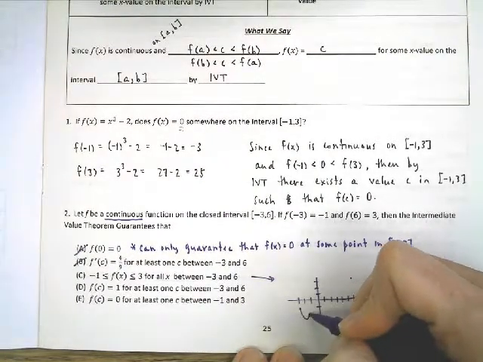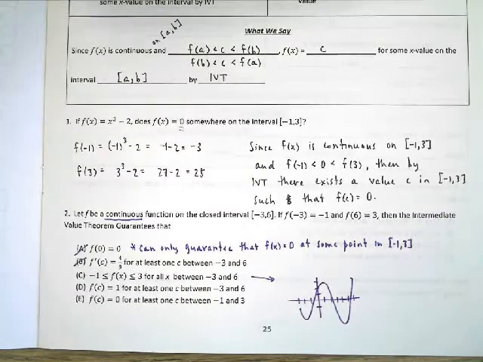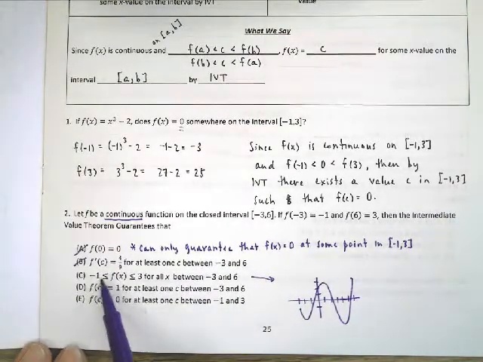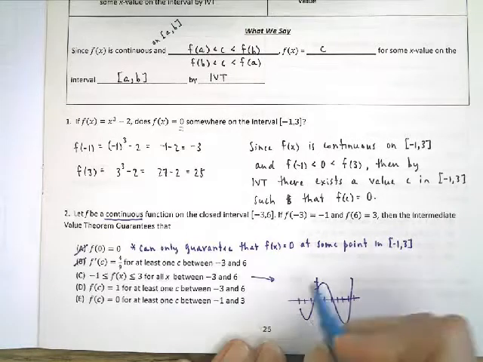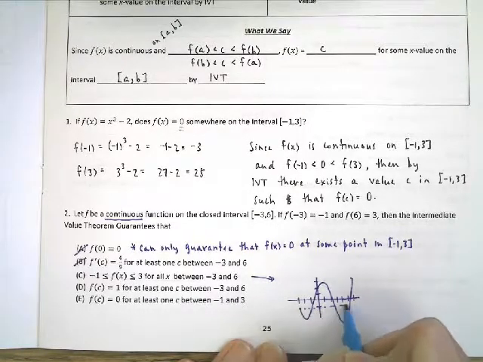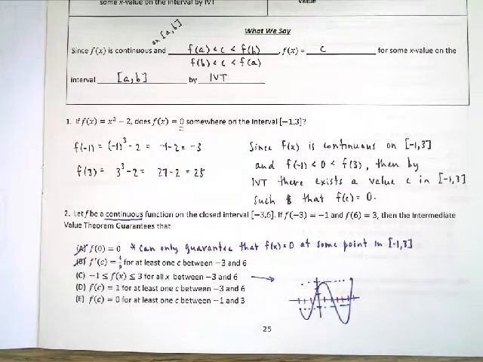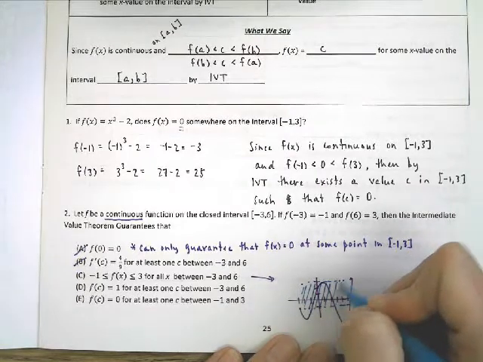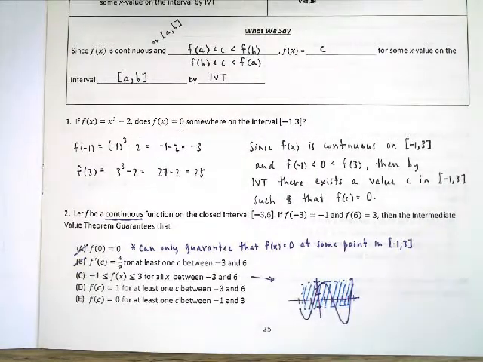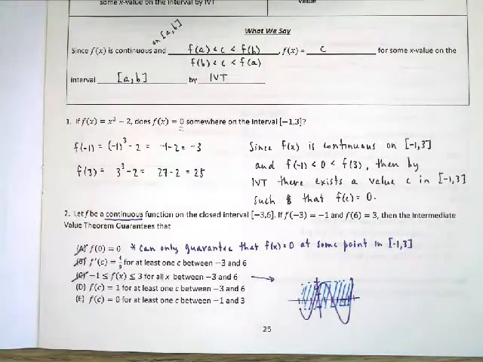So let's say my graph did this. So obviously, if we look at that, f of x does not fall in between those two values for all x. Now, we can guarantee that all the values between -1 and 3 will be taken on by that function. But we can't guarantee that all the function values will lie in that range. So that one's out.